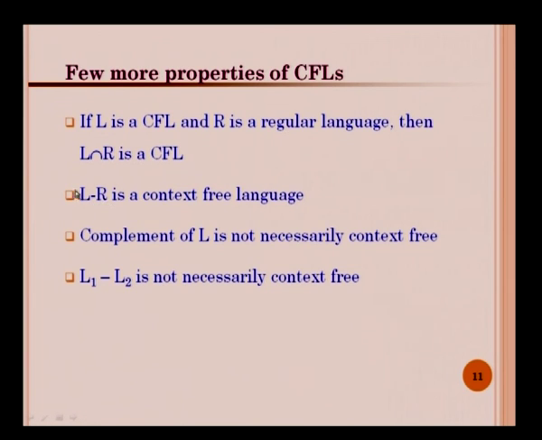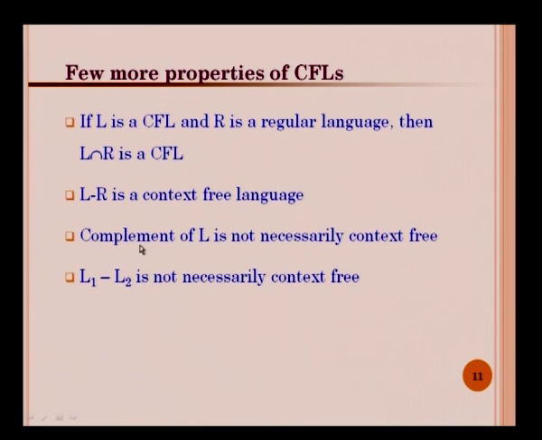So, the difference is all strings available in L but not in R. We will remove some of the strings from L, but the resulting strings are still only those available in L. As L is a context free language, L minus R is also going to be a context free language.